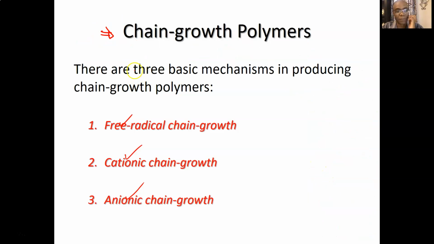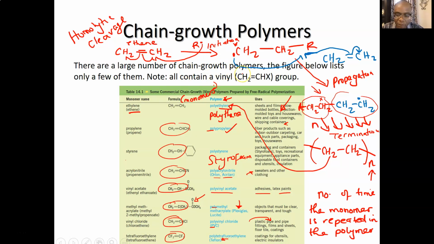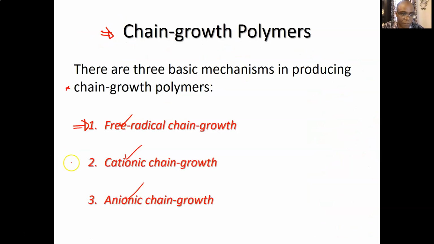Okay, so there are three basic mechanisms in producing chain growth polymers. One is free radical mechanism, which is what I've described here, and it's gonna come back. The other one is cationic chain growth. Here you have to go through formation of carbocation intermediate.